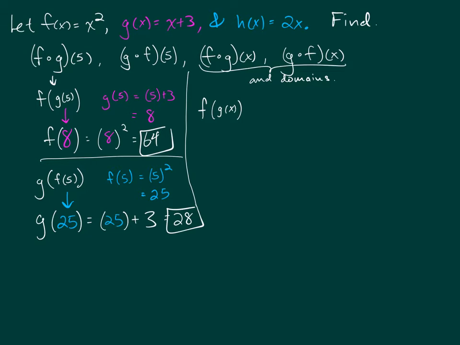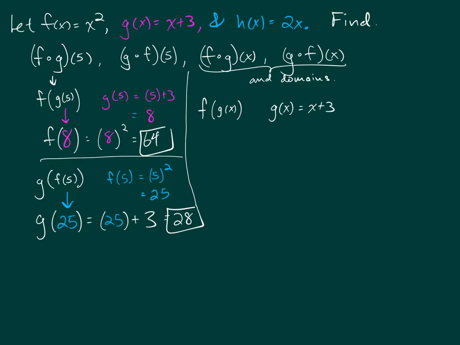We don't know how to work with that yet, but I know x is my input, so work with me here. X is my input. That means g of x is equal to x plus 3. Well, that's all I got.